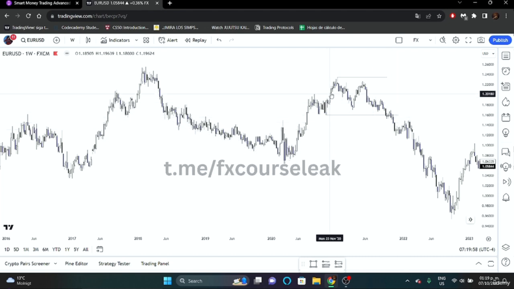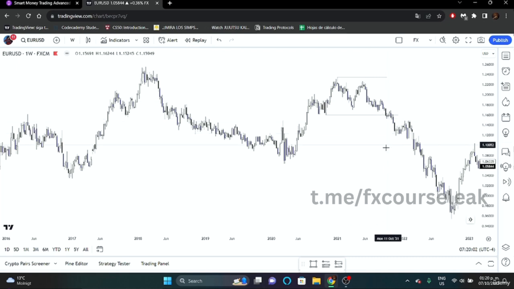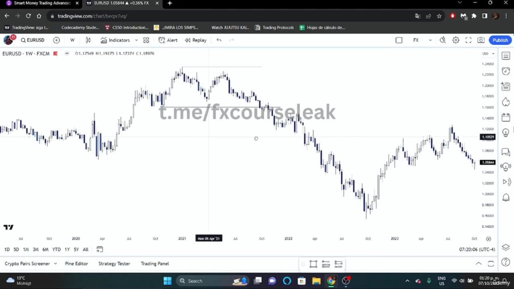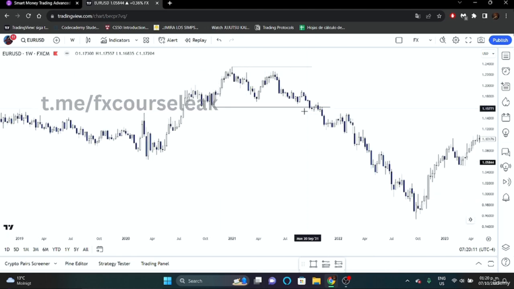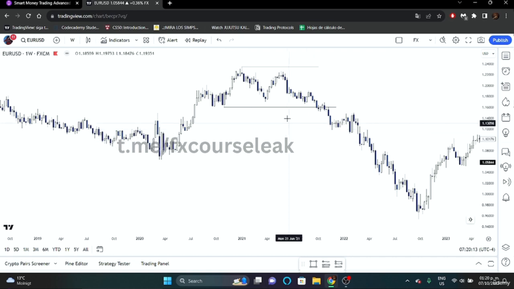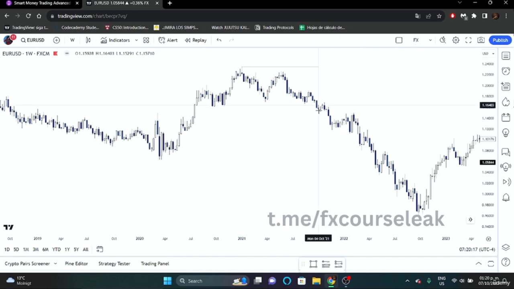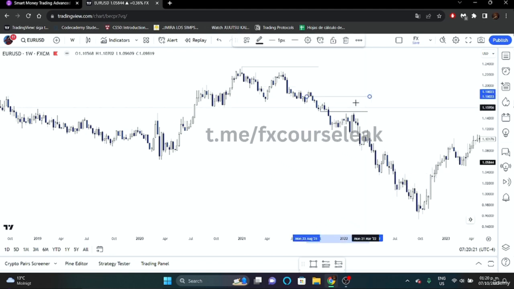In this case the trend was bullish, and now the trend is bearish, because this is a swing low that made a swing high. Then we ask ourselves, where's the swing low after the market structure break, and where's the swing high? In this case, this is our swing low and this is our swing high.